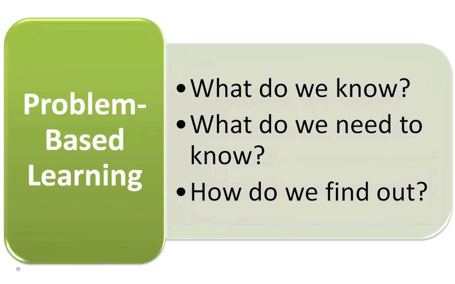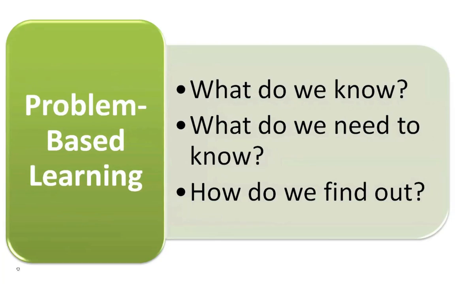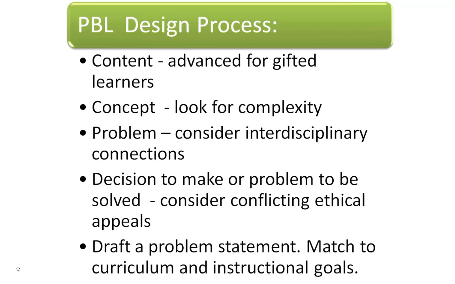Okay, so really, when you break that down, students need to figure out what do they already know, what do they need to know, and how are they going to go about finding it out. When you construct a problem-based learning approach for high ability students, we need to make sure that the content is sophisticated or advanced enough for these gifted learners, looking at complexity and depth in the concepts that you're covering.